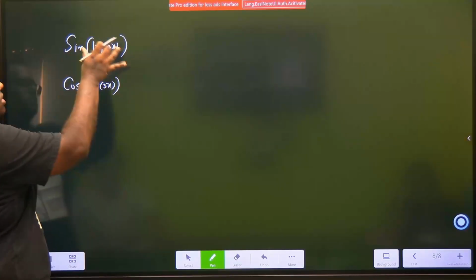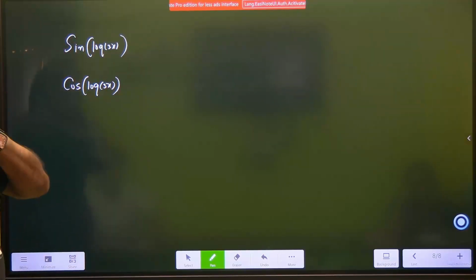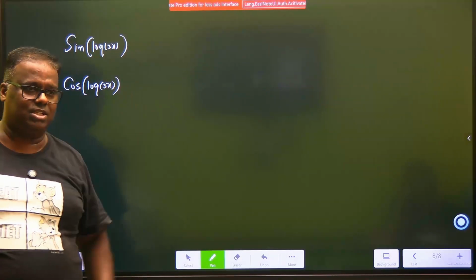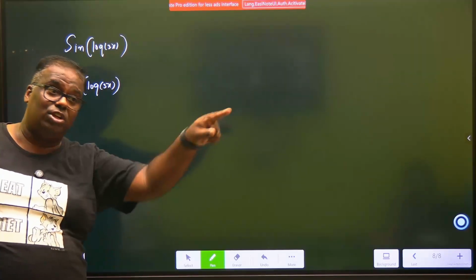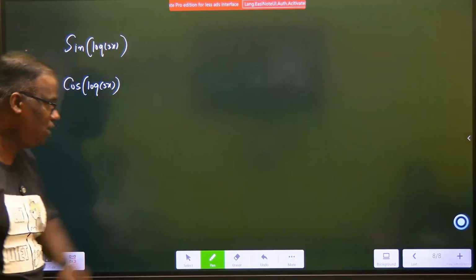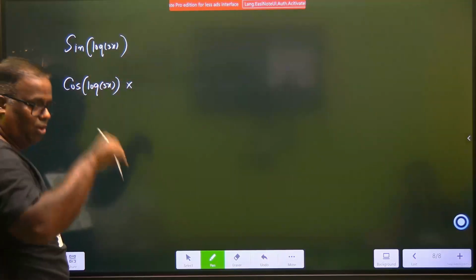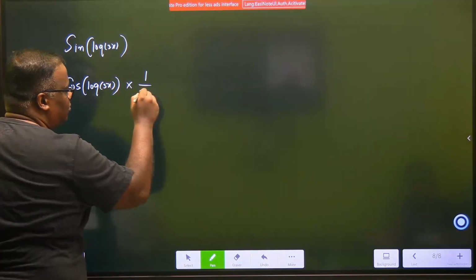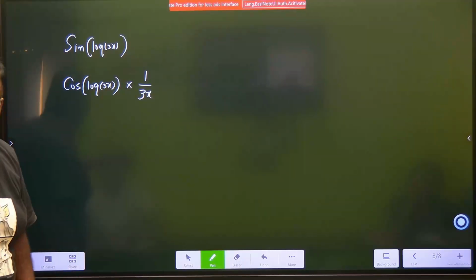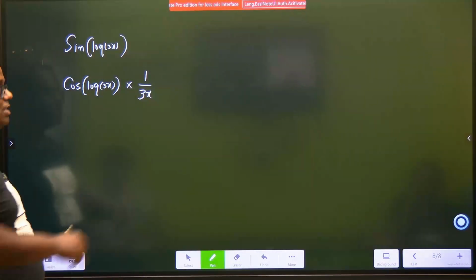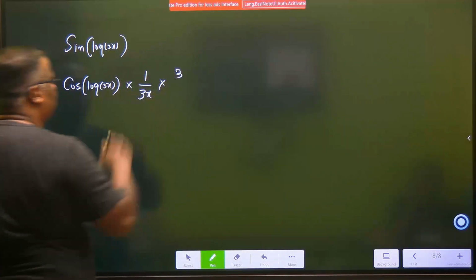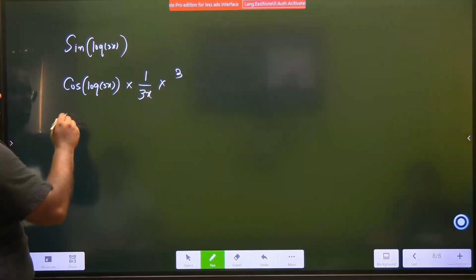Have you massaged sine as a function? Yes. The dog was log 3x. In that function, what is the dog? 3x is the dog. And derivative of log dog is 1 by dog. And the 3x is the dog. So differentiate the 3x. So this is, yeah, chain.